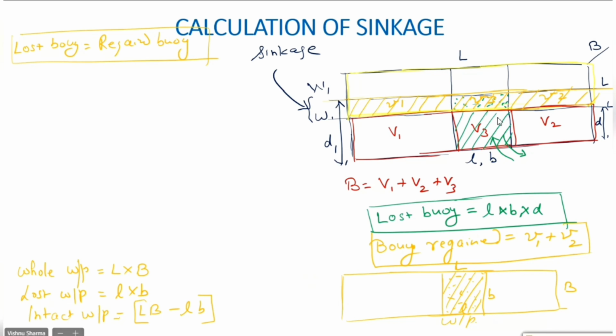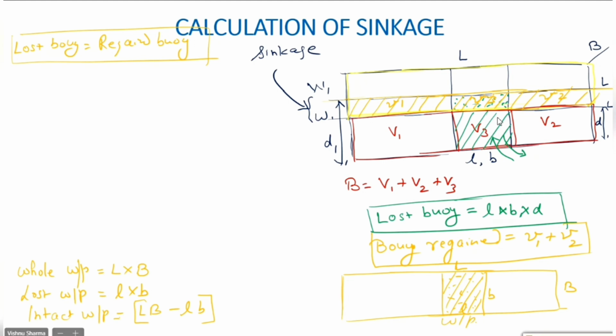Beta, earlier when we were doing the BML, BMT formula, first I wrote I is the moment of inertia of the water plane, but then eventually what did I tell you? Let's insert the word intact against it, right? Yes, sir. Why? Because if the whole is intact, then the whole is intact. If something is lost, then what we are going to deal with is the intact water plane.